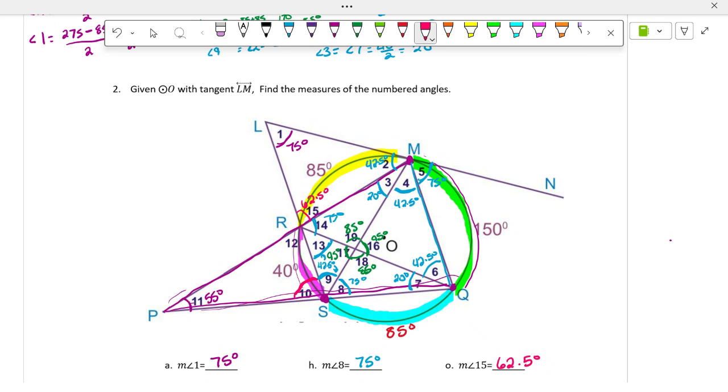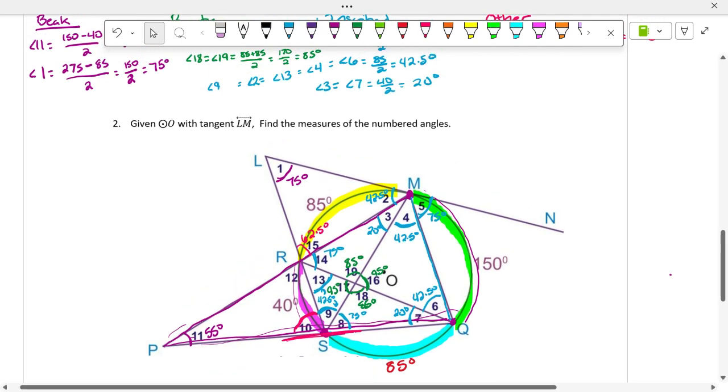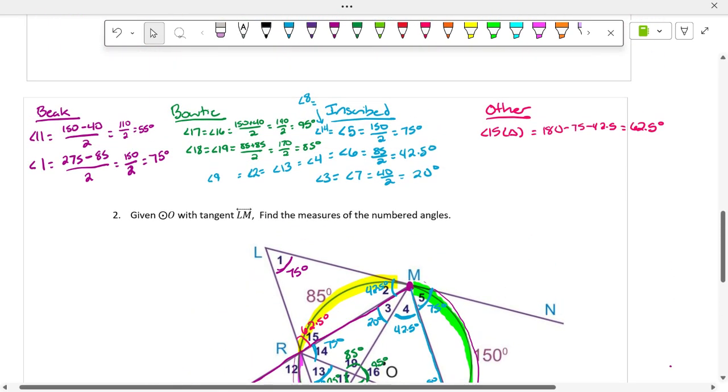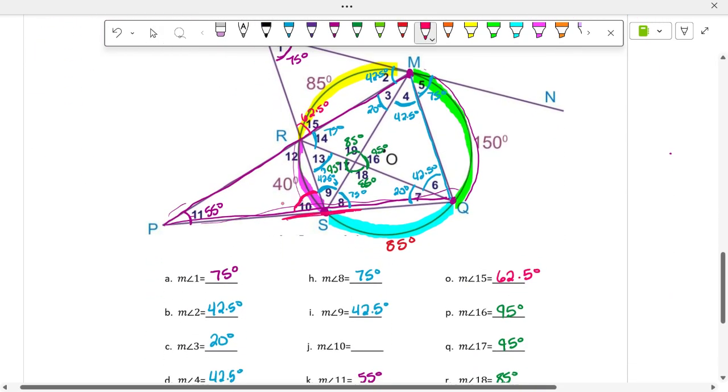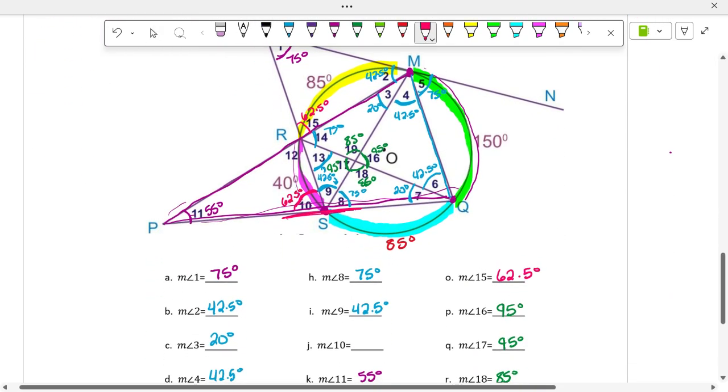Which one would make the most sense? Linear pair. So it's a linear pair with 9 and 8. So we just add up 75 and 42.5, subtract it from 180. So in reality, angle 10 is going to be the same, even though it's a linear pair, as 15. So it would also be 62.5 degrees.